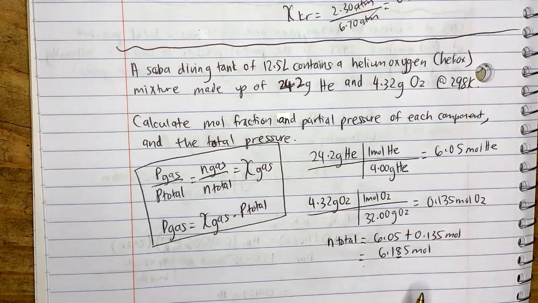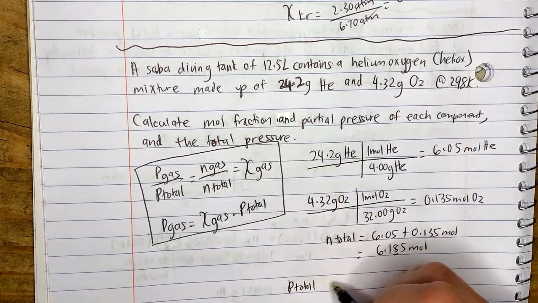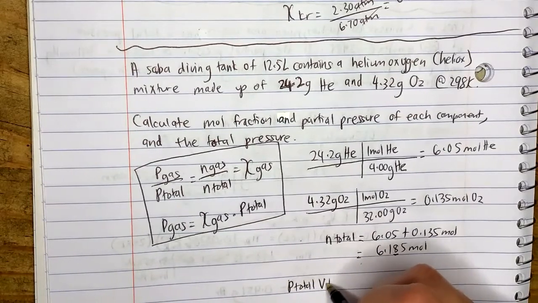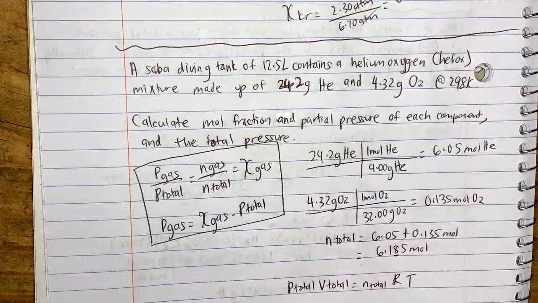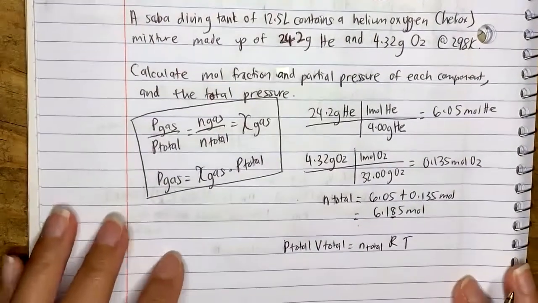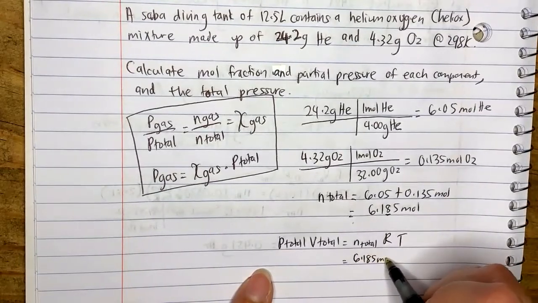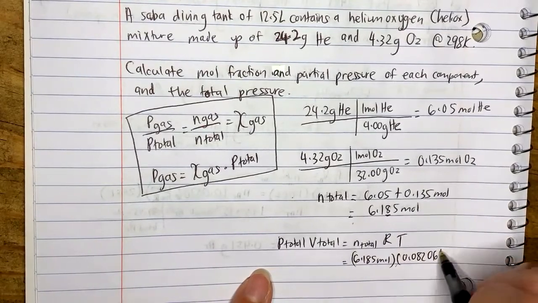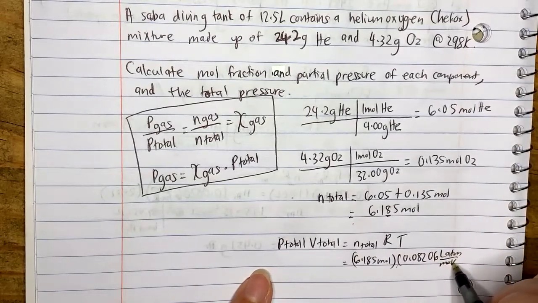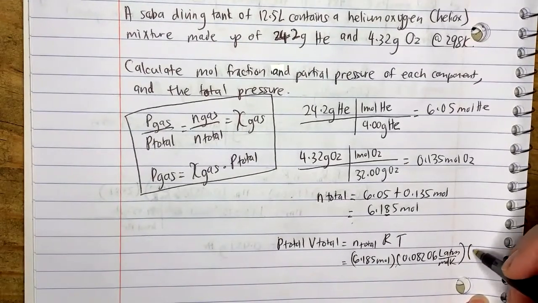If you've got the total moles, we can actually go ahead and get the total pressure, because P total times V total is N total R T, okay? So we kind of have all of it. N is 6.185, R is 0.08206, and temperature was 298.